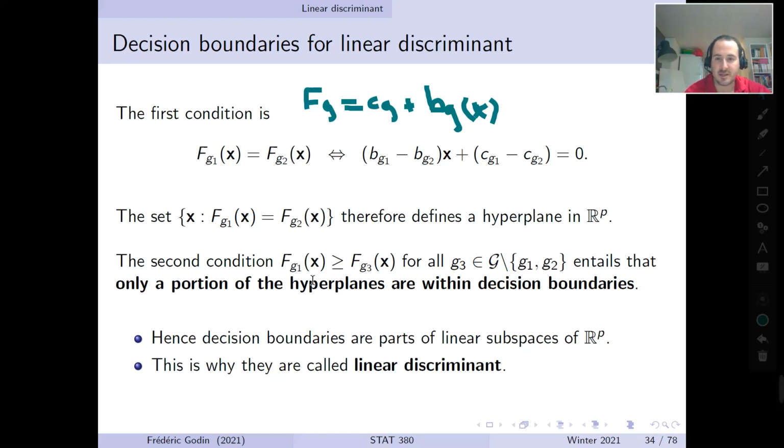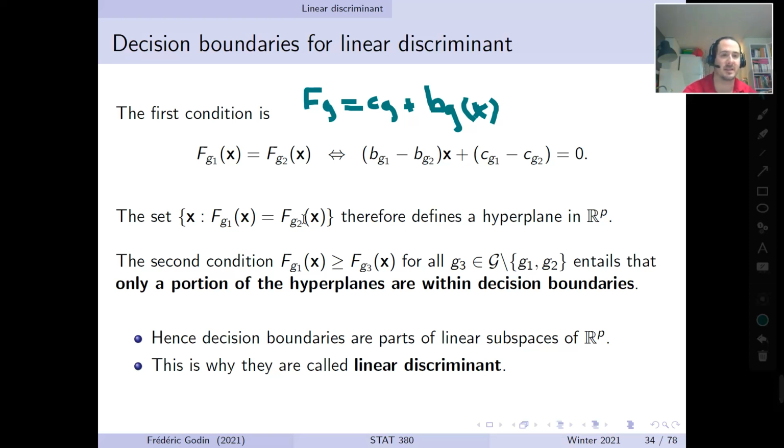Then the second condition, which is that fg1 is greater than or equal to fg3 for all other classes G3, entails that only a portion of the hyperplane is within the decision boundaries, because among this set, you only need to pick x's which satisfy this additional constraint. So some of the x's might be dropped from that set. So the decision frontiers are only portions of hyperplanes.